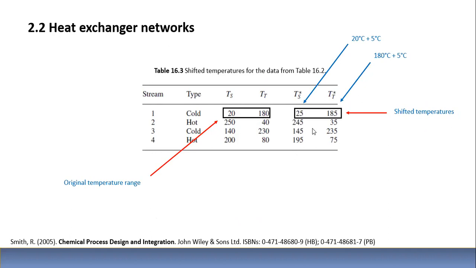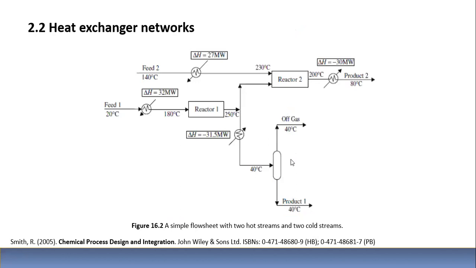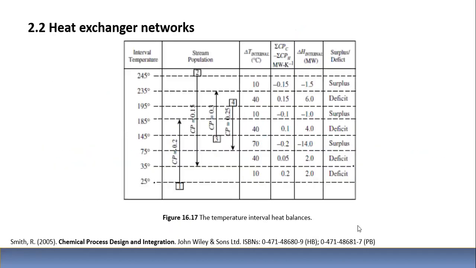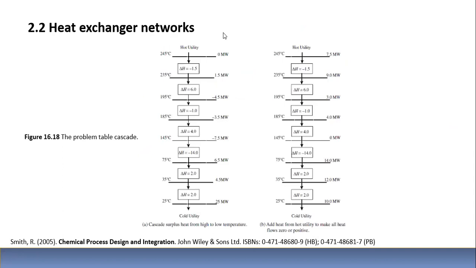These are all shifted temperatures that were used for the stream population data graph, and then they were used for the heat balance table, the same temperature intervals. And then you move on. So on the cascade diagram, you use the exact same temperature intervals.